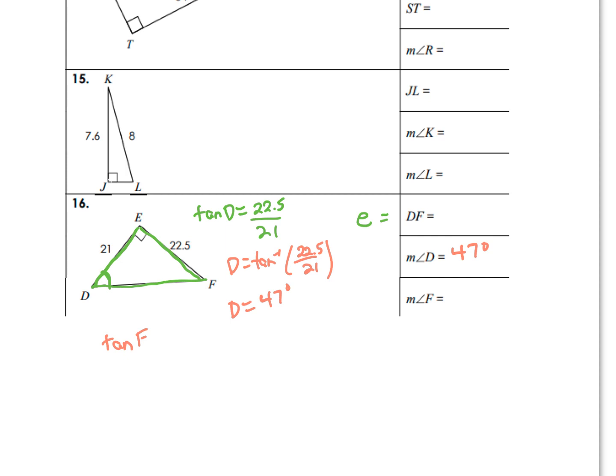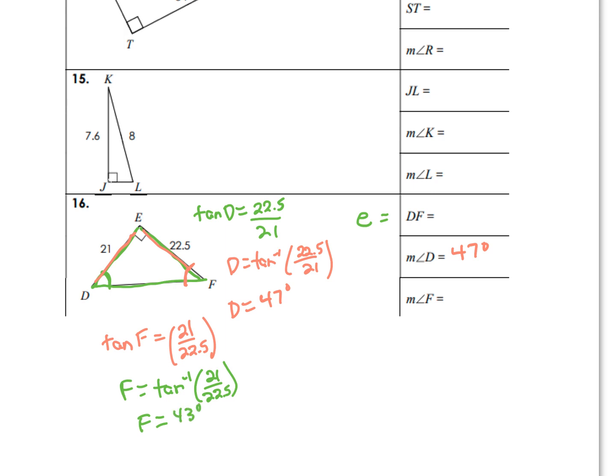So for tangent of F, you've got to work the other way, right? This is my opposite now, and this is my adjacent. So 21 over 22.5. So my inverse tan of 21 over 22.5.